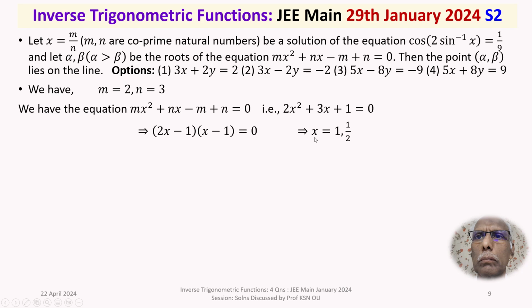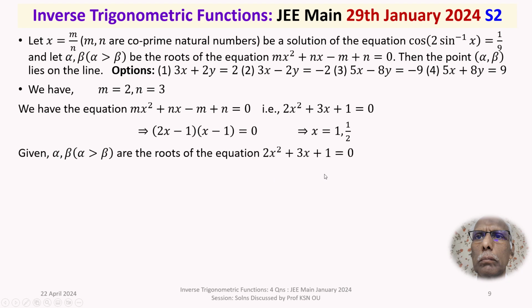Therefore, x is equal to 1 is to be taken as alpha. That is, alpha is equal to 1 and beta is equal to 1 by 2, because alpha greater than beta. Thus, we get the ordered pair alpha comma beta, that is 1 comma 1 by 2.